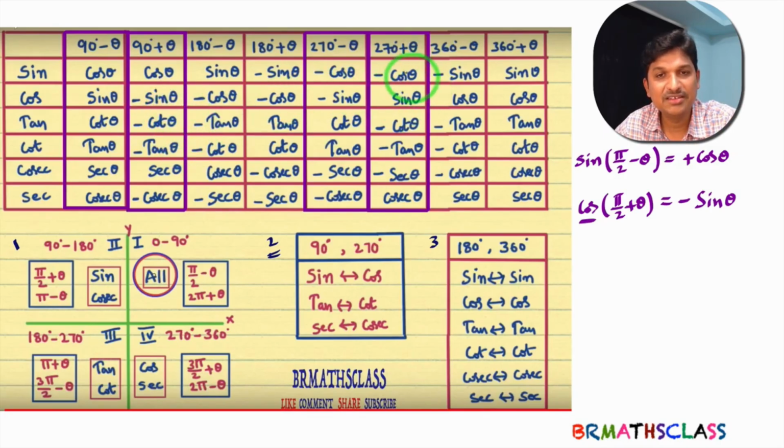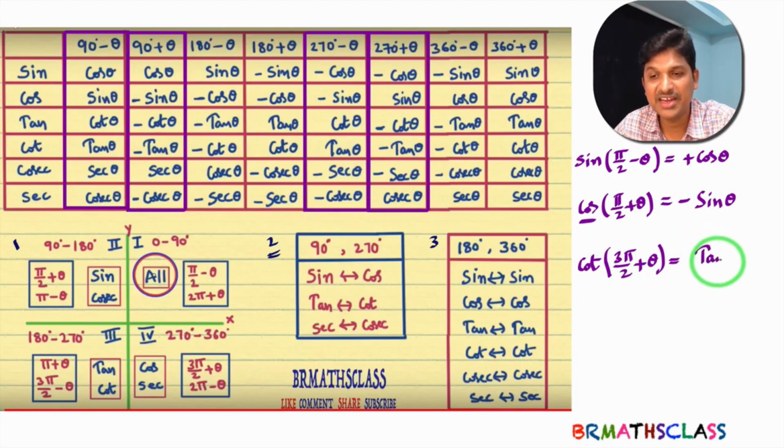Now you see something like 270 plus theta. Cot 3 pi by 2 plus theta is given. 3 pi by 2 means 270 degrees. As we discussed, whenever we see 90 degrees, 270 degrees, the function changes. Cot changes to tan. You just simply write tan theta.